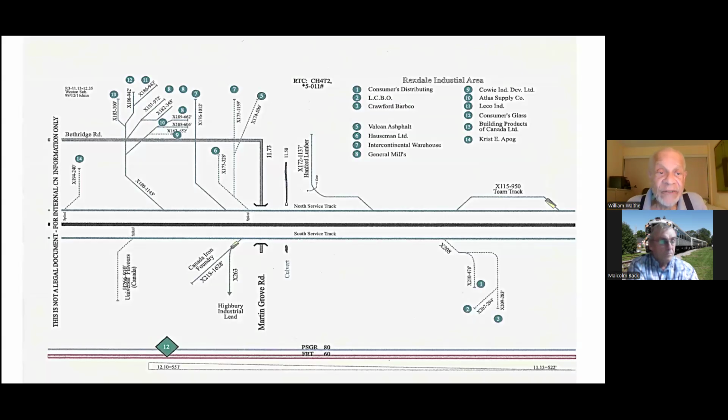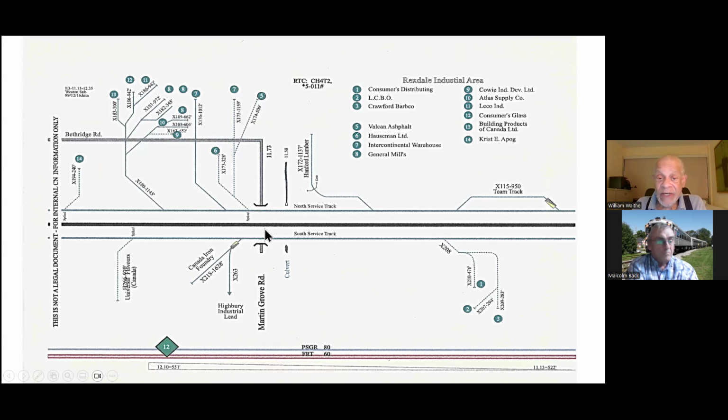If we look at these 1999 maps, which were training maps for training engineers on the commuter line, we see that there are a fair number of active industries being rail served. When you see the dash line, these have been discontinued, and the turnout coming from the service track has been spiked.